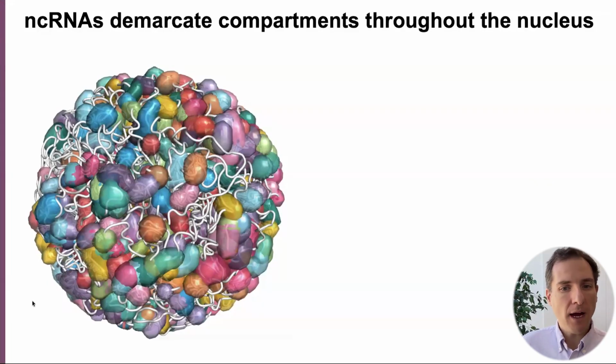And what we identified a few years back is that when we look at all these different non-coding RNAs, in this image here, more than 500 different lncRNAs that are expressed in mouse embryonic stem cells, hundreds of different non-coding RNAs localize within precise three-dimensional compartments within the nucleus.